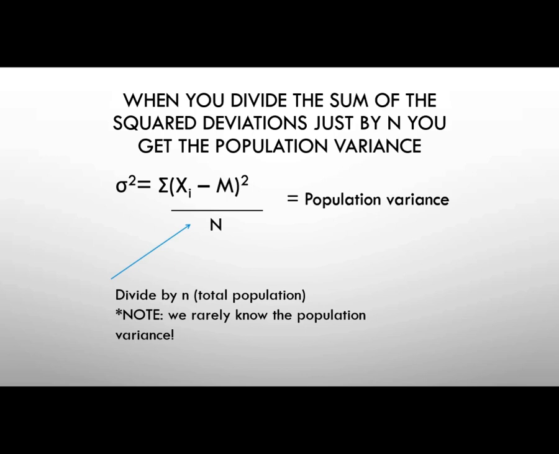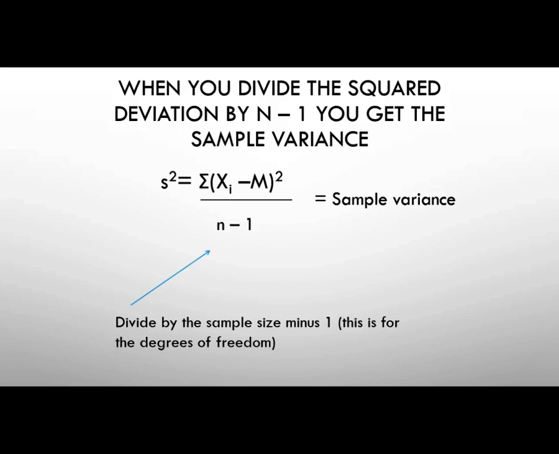The reason we need to do them is because we don't know measures of the population. So when we divide the sum of squared deviations by n minus 1, you get the sample variance. Okay, so dividing by n minus 1 is calculating the degrees of freedom.